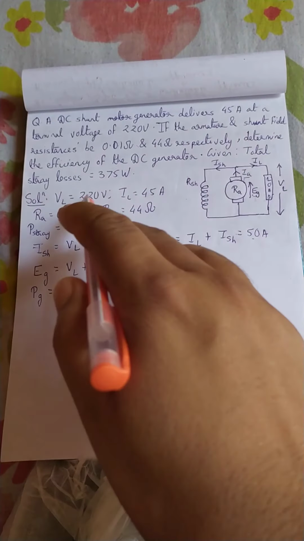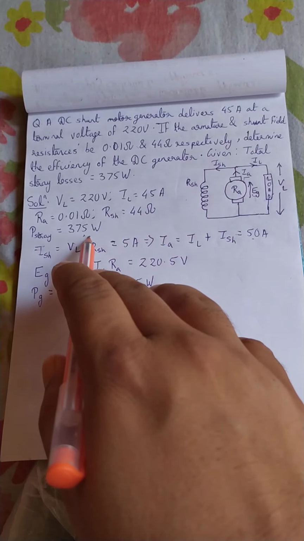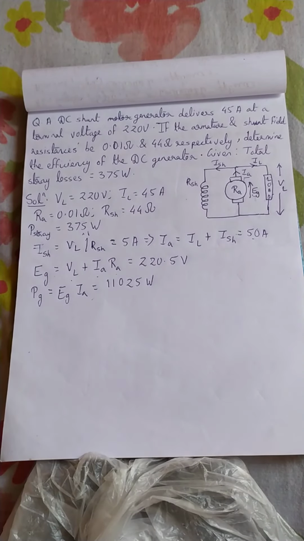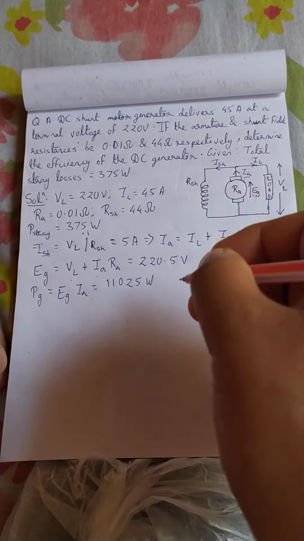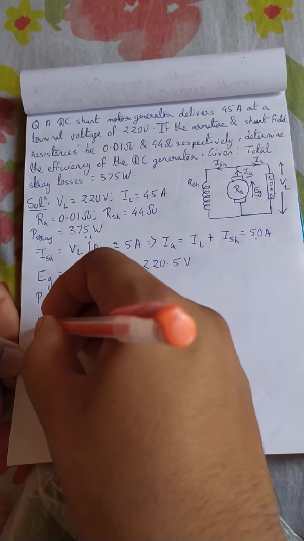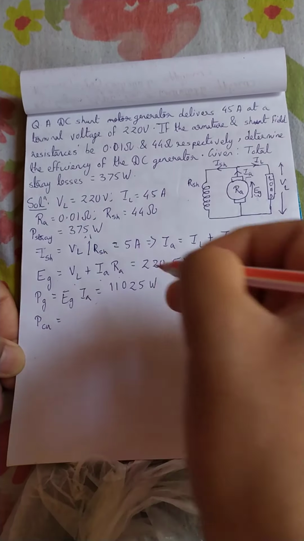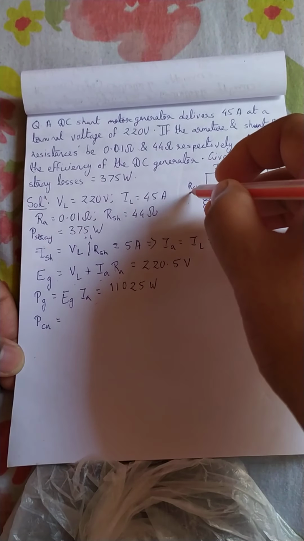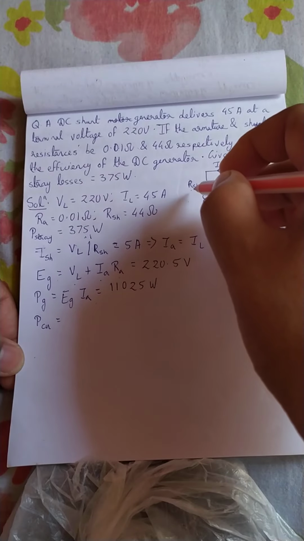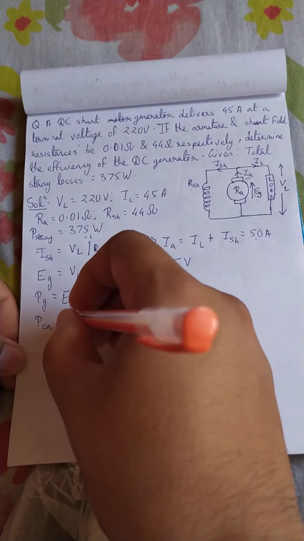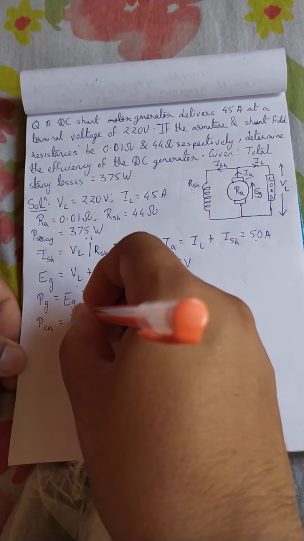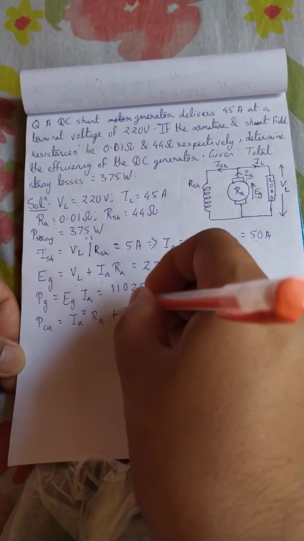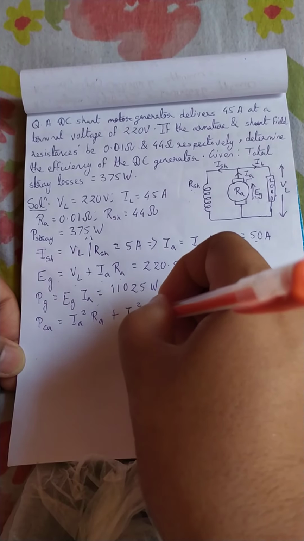Now what is given is that the stray loss is equal to 375 watt. And what are the other losses which may be occurring in the machine? The copper loss. So what would be the total copper loss occurring in the machine? This PCU will be the copper loss occurring in the armature and the copper loss happening in the shunt field. So it would be IA square into RA plus ISH square into RSH.